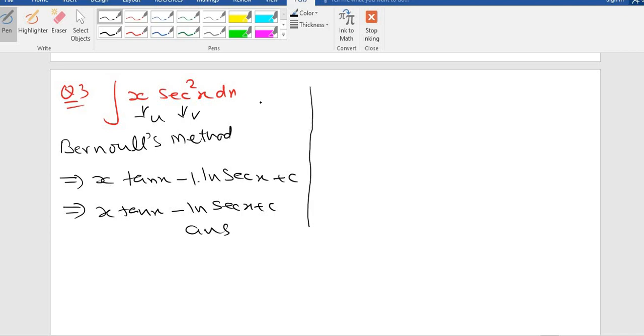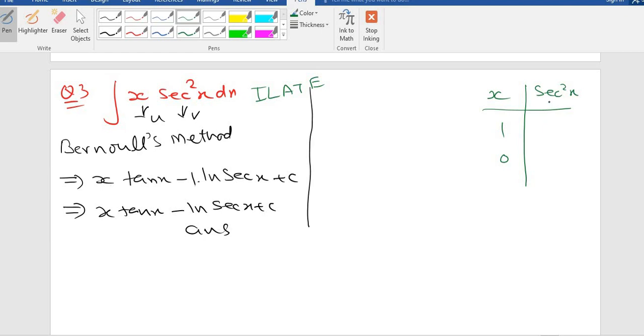Now, if you want to use the Euler method, you have to decide what is given and what is not given. I, inverse, not given. L, logarithmic, not given. A, the algebraic term, is given. So draw a vertical line and a horizontal line: the algebraic term is x, and the trigonometric term is sec square x. The differentiation of x is 1, then 0.